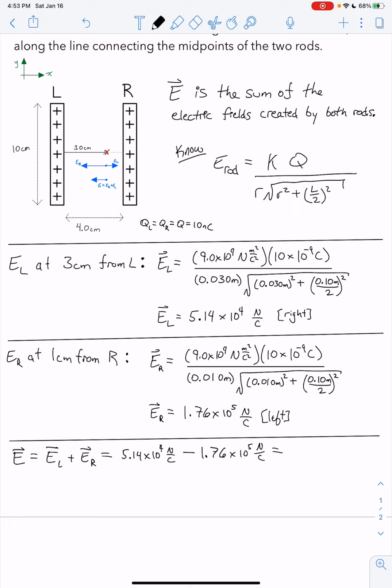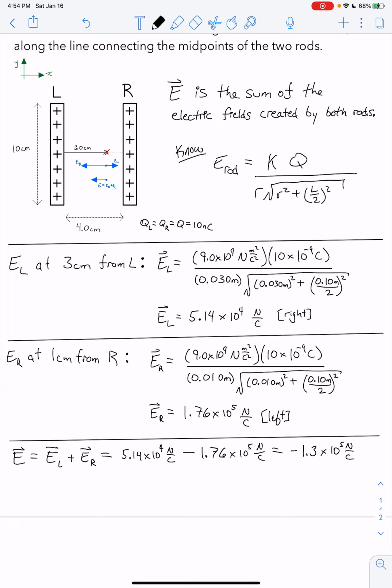So 5.14 times 10 to the 4 subtract 1.76 times 10 to the 5 is going to be a negative, about 1.3 times 10 to the 5 newtons per coulomb.